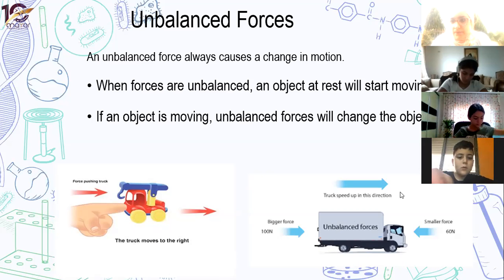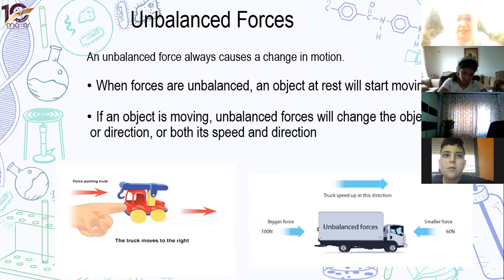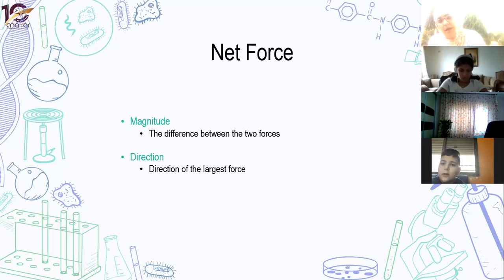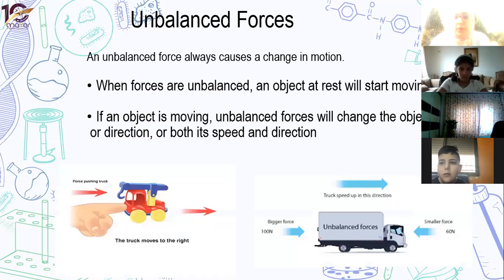Also here, backward is friction 60, engine is 100. So the truck is going to move forward with 40 newtons. Tomorrow we are going to talk about finding the net force in case of balanced and unbalanced forces. So we are going to stop for today.